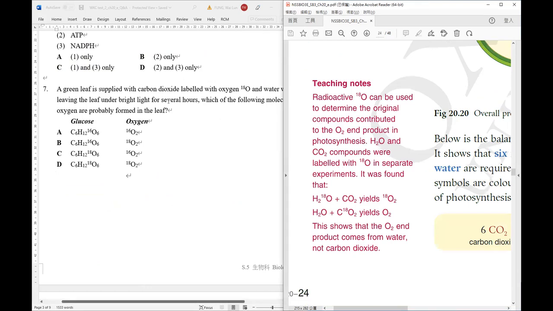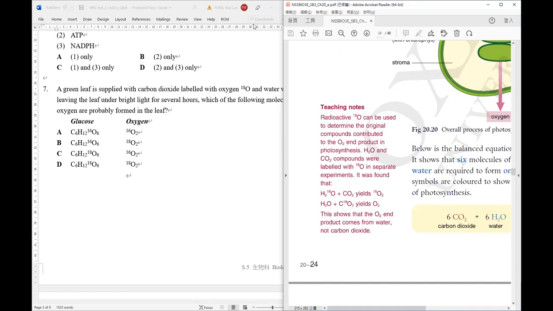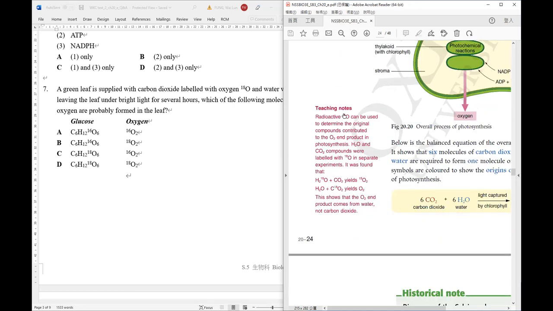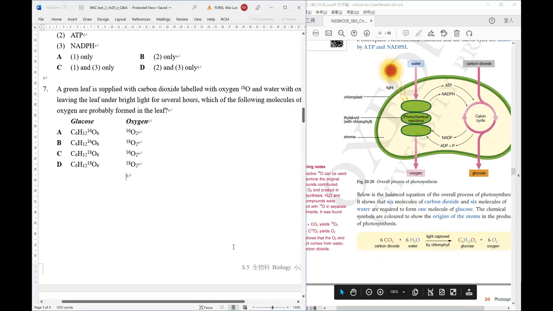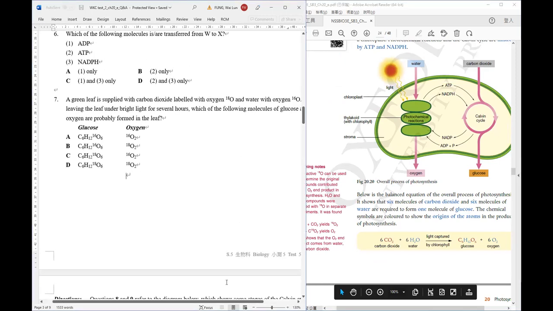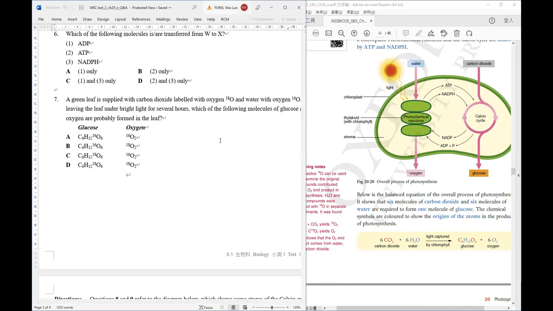We want to trace where the oxygen goes. For example, there is a CO2 carbon dioxide molecule.